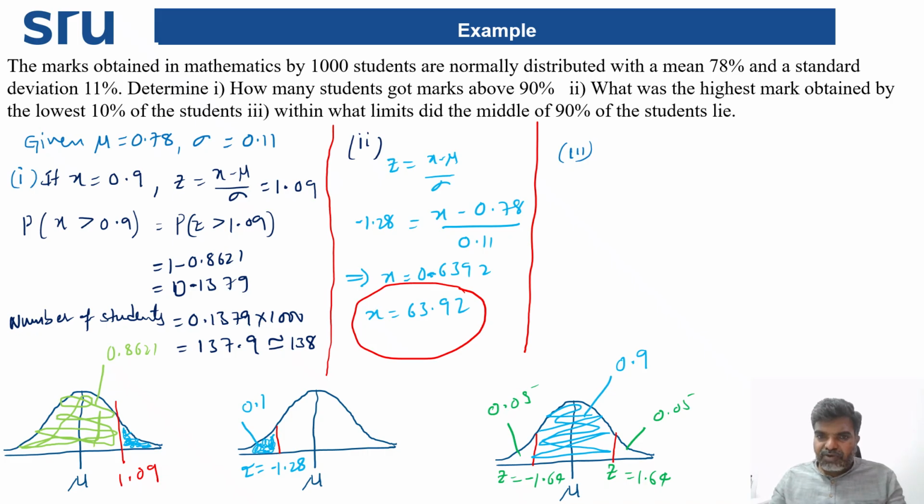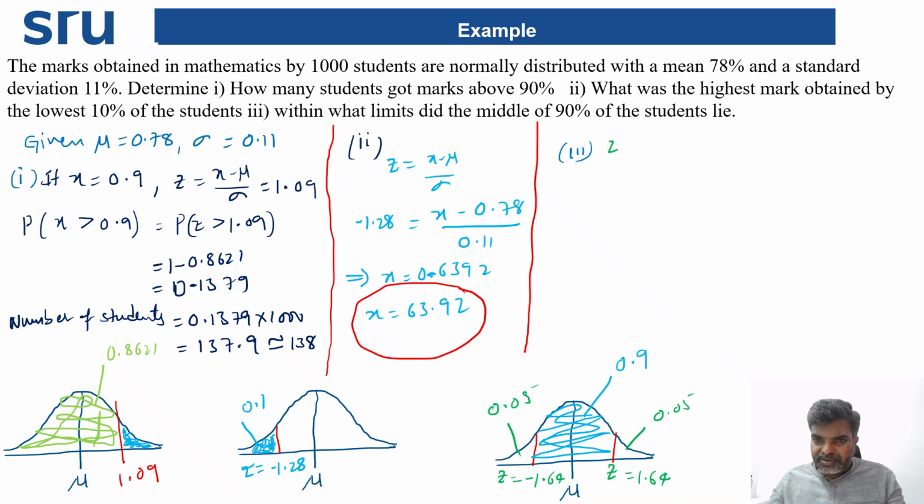Okay. Now, what is the question here? Within what limits did the middle 90% of the students lie? Okay. For this range, what are the X values? What is the lower bound and upper bound of X for this range? To find the X values, first I will take this left side value, Z equal to minus 1.64.